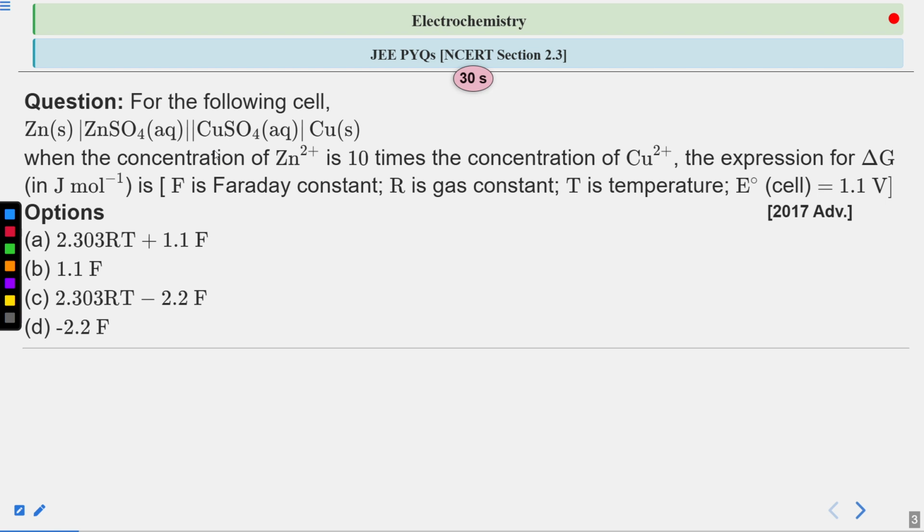You are given some time, try to solve it, and then we will see which is the correct answer.